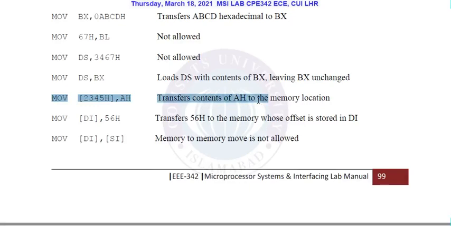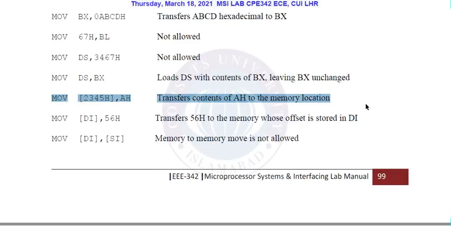Then next is MOV [23458], AH. In that statement the brackets represent that this is an offset address, so the value of AH will be moved to that offset. If I talk about the physical address, this offset will combine with the base address as per the formula, which is physical address equals base address multiplied by 10H plus offset address.